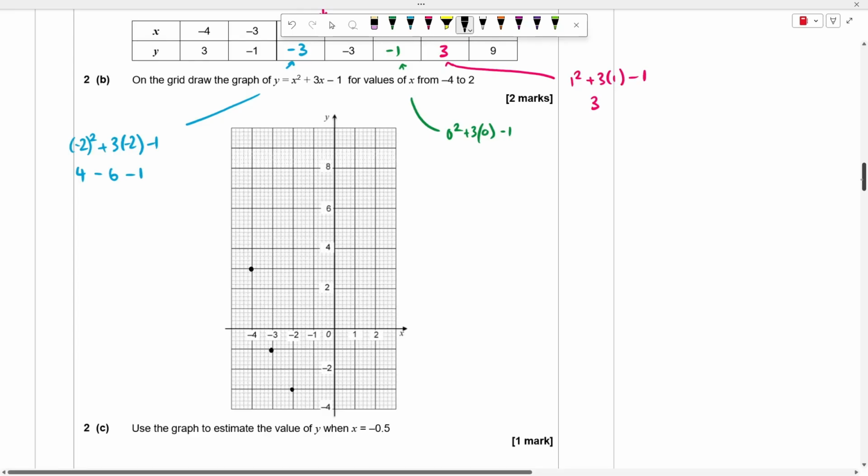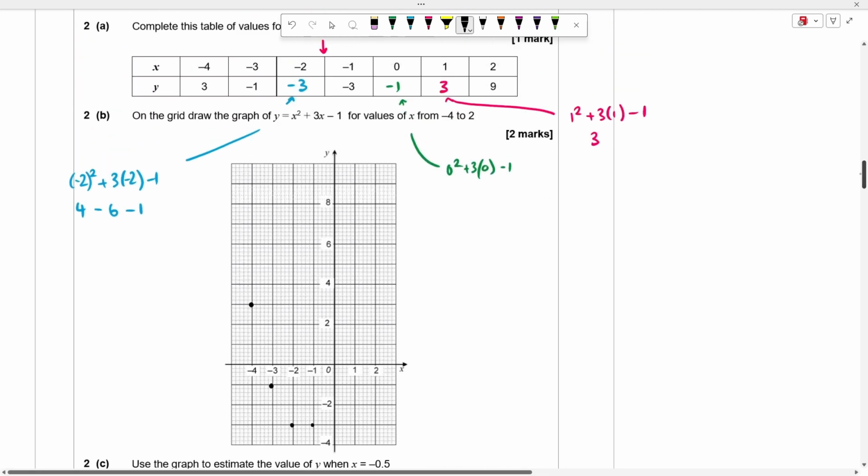Then at negative 1, it's at minus 3 as well, so it's there. And at 0, it's a negative 1. At 1, it's 3. And at 2, it's 9, so it's going to be over here.